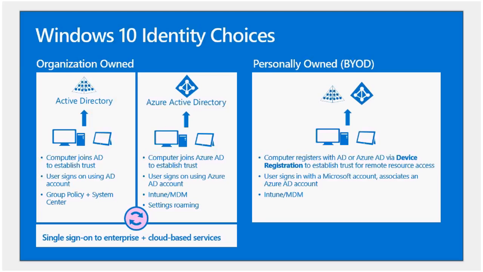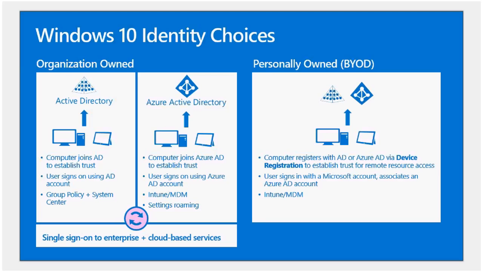On the personally owned side for BYOD, we used to have a scenario that was called Workplace Join, which was a thoroughly confusing name because when we get into these other workplace scenarios with Azure AD, it was kind of ambiguous as to what that meant. So we've actually renamed that with Windows 10 to call it device registration.